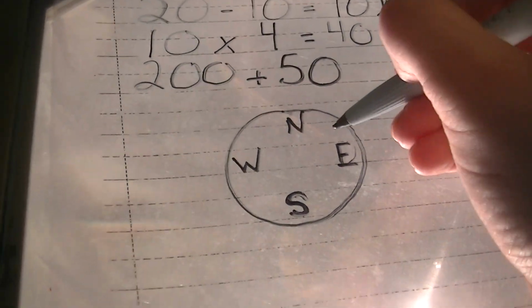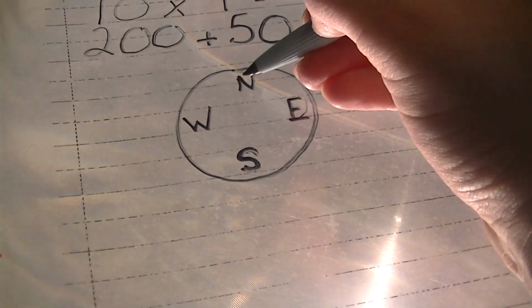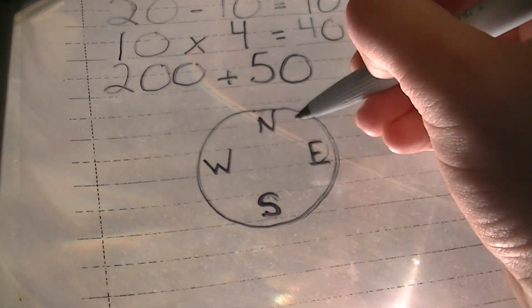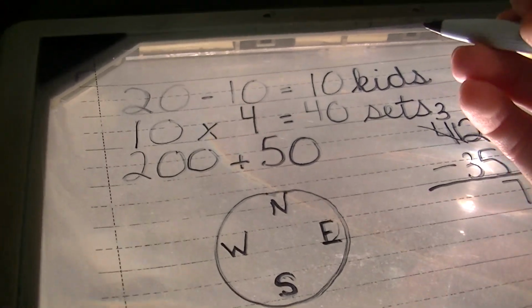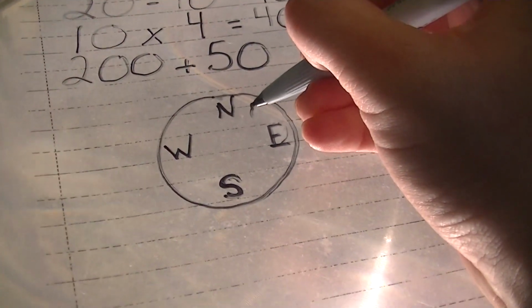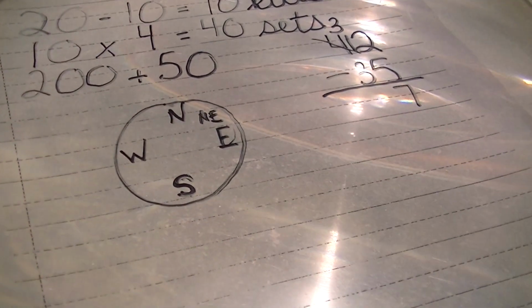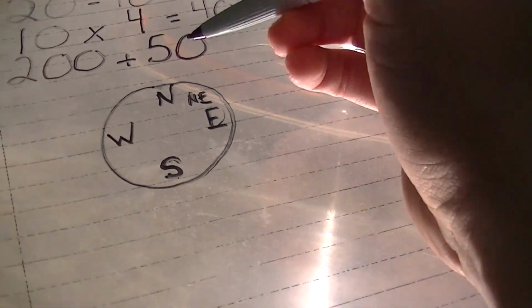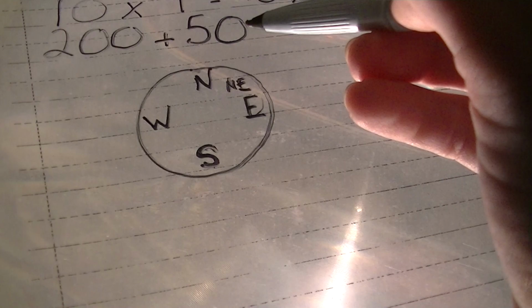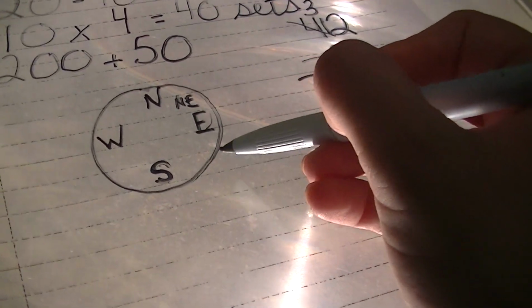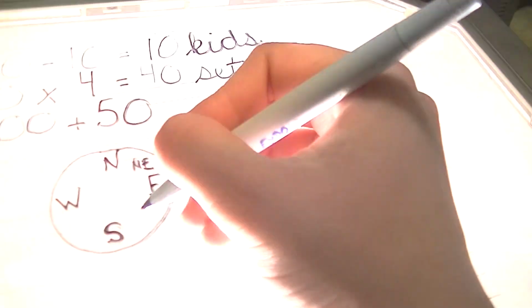What direction goes right here? It's easy. It tells you exactly what direction that is. Rembrandt? Northeast. That's called northeast. Well, that was pretty easy. So if this is northeast, then what is this direction right here? Ben? Southeast.